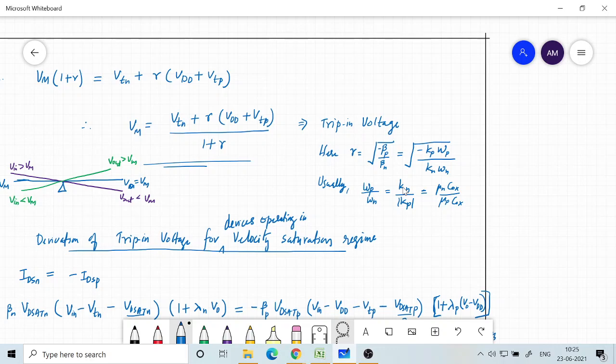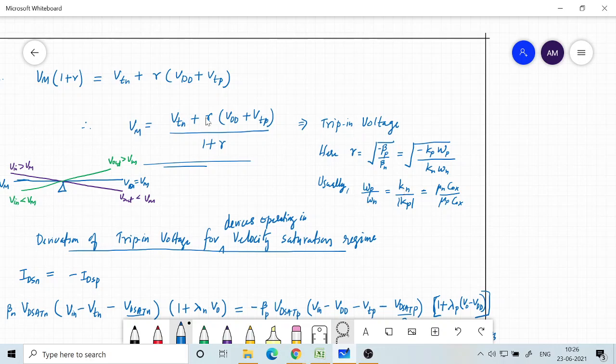If you keep Vtn and Vtp the same magnitude and R equal to 1, then the denominator is 1 plus 1, that is 2, and in the numerator Vtn will cancel with Vtp and R is 1, so it is VDD by 2. So the tripping voltage is VDD by 2, that means it will trip exactly at the middle voltage provided Vtn is equal to minus Vtp and R equal to 1. But if R equals 1 and Vtn is increasing, then your Vm will be greater than VDD by 2.